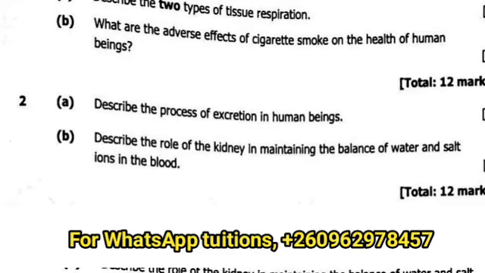After the definition, you say there are basically 4 stages involved in excretion in human beings, namely ultrafiltration, selective reabsorption, osmoregulation, and secretion.